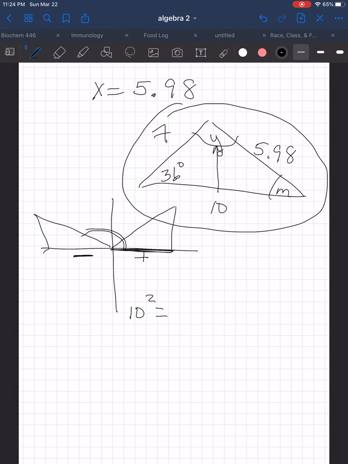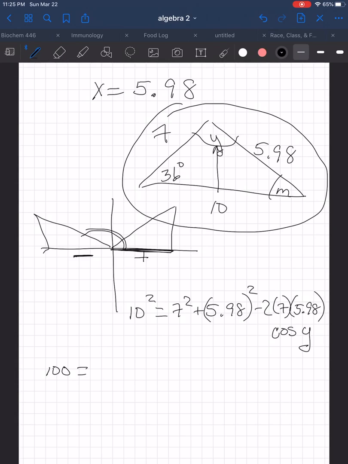So it'll be 10 squared equals 7 squared plus 5.98 squared minus 2 times 7 times 5.98 times the cosine of Y. Now this one is a little bit trickier.